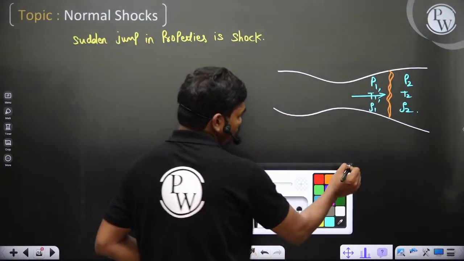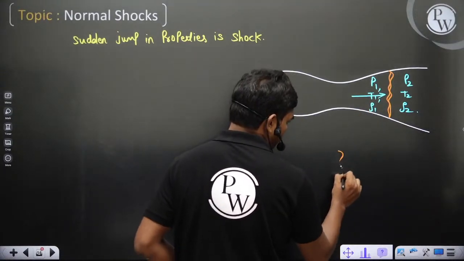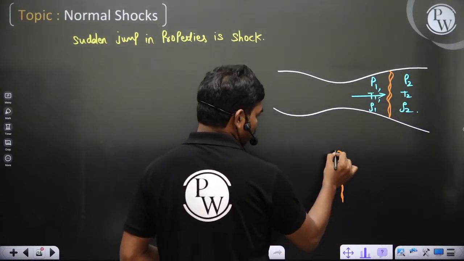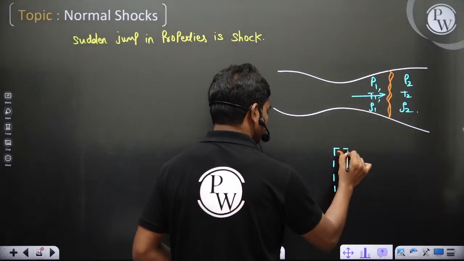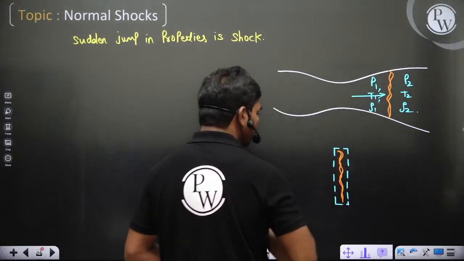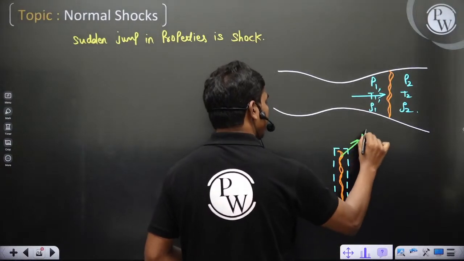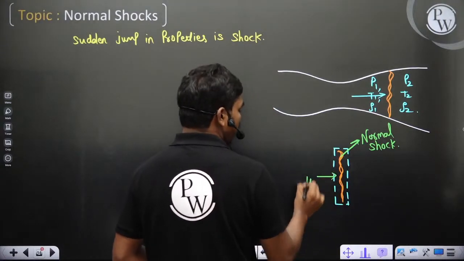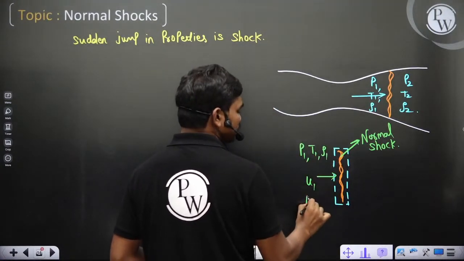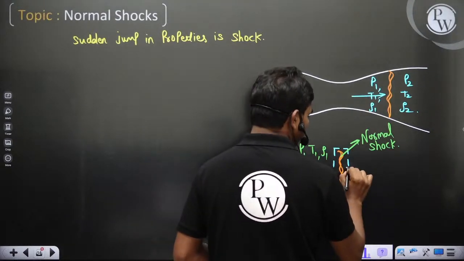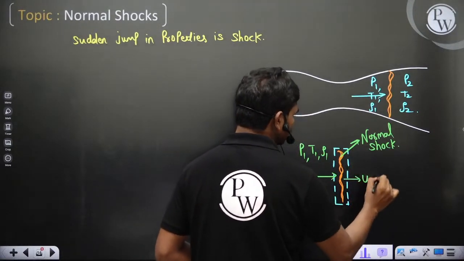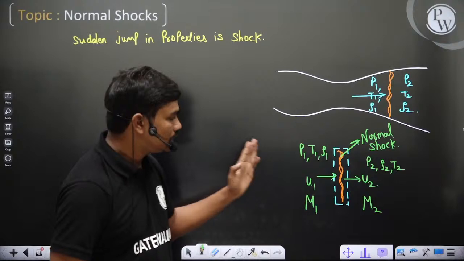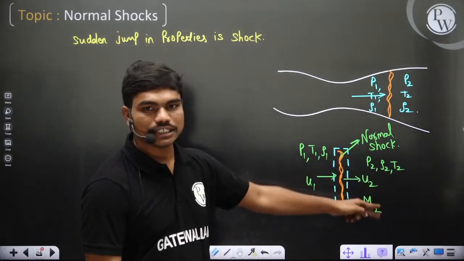So in the case of shocks, if you take this small control volume, this is a normal shock, and here the velocity is u1 maybe, and pressure is p1, T1, density is rho1, Mach number is M1 for example, and on this side the conditions are velocity u2, p2, rho2, T2, and Mach number is M2 definitely, because if velocity and temperature are changing due to the shock, then the Mach number also changes.